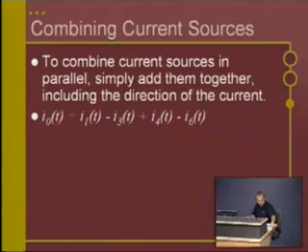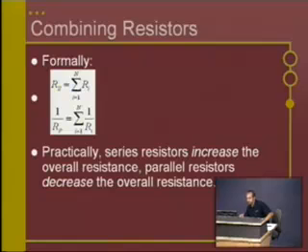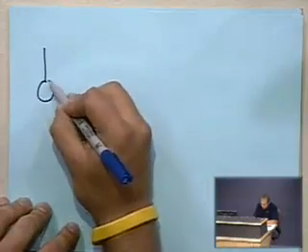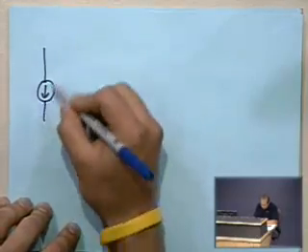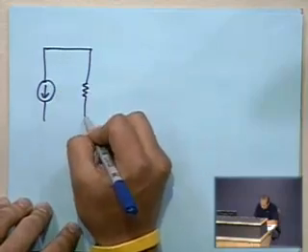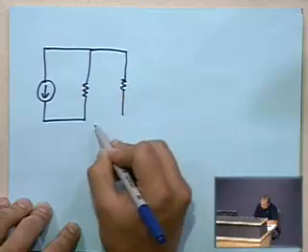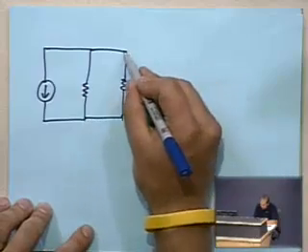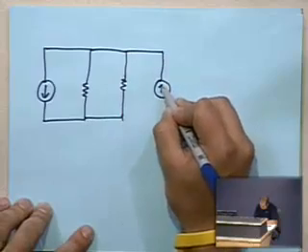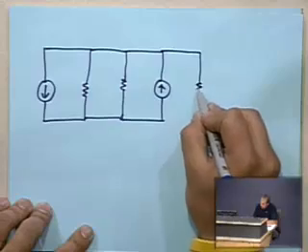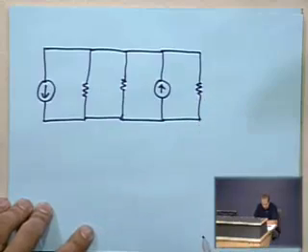Here's the example that I want you guys to look at, and I want you guys to do this one. There's a couple of things for you to look at. Here's a current source. We've got a parallel resistor here, we've got a parallel resistor here, we've got another current source here, and a third resistor here.